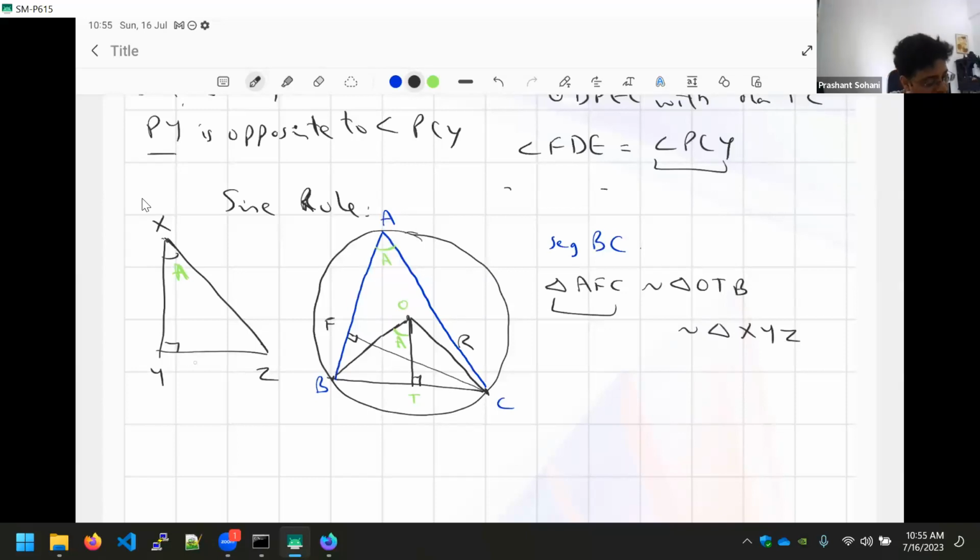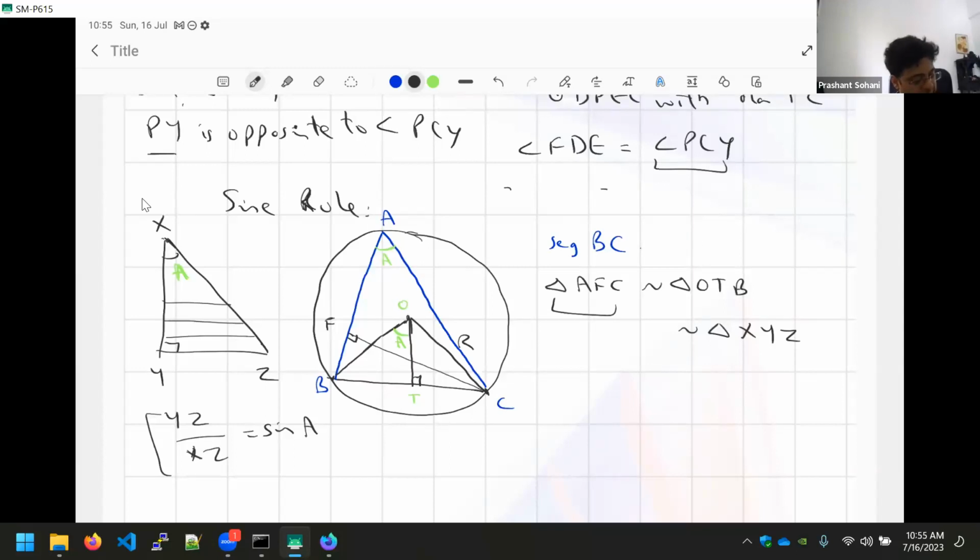And so this special ratio YZ upon XZ will not change even if I choose a different triangle. If I choose any triangle of this family, this ratio is going to be the same. And that is why it is customarily denoted by sin A. So sin A refers to the opposite side upon the hypotenuse.